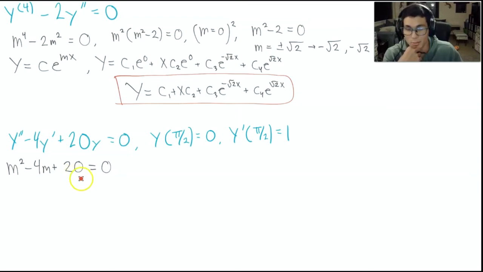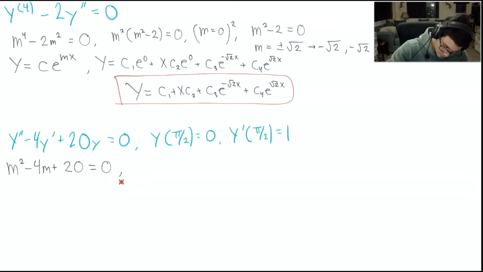So if we think 2 times 10, well, 2 times 10 will not work, however you put positives or negatives in 2 times 10 and write it as negative 2 plus 10 or whatever way you try to combine it will not equal this. 5 times 4 will equal 20, but there's no way to make negative 5 minus 4 this or 5 plus 4 this. It just won't work. Okay, so it looks like we don't really have an easy factorable situation here. So what should we use? We should use the quadratic formula.